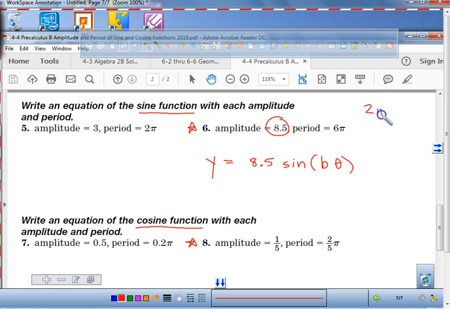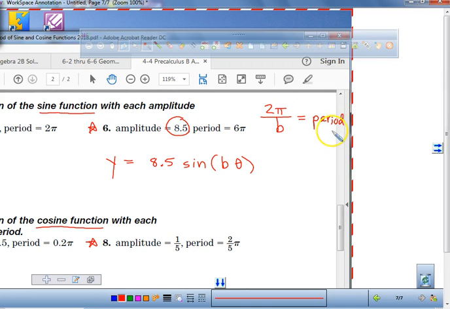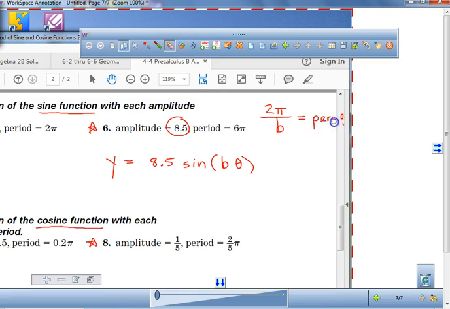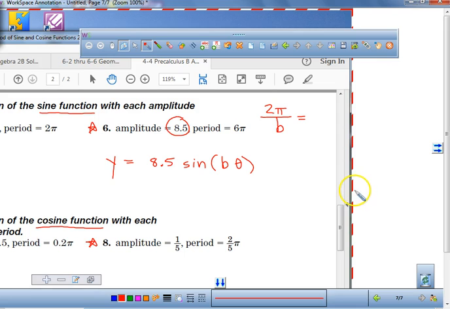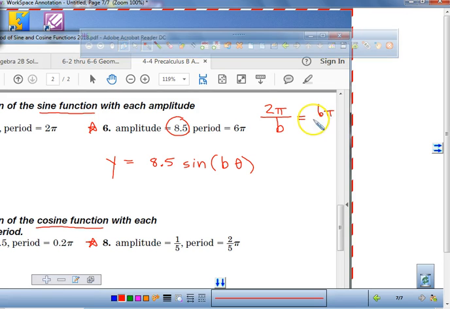So it's 2 pi over b equals the period. Now, I am taking my time and energy to write the word period just so I can erase it and substitute it with what our period is, because I care that much. Now, what's our period equal to? 6 pi. So just put 6 pi, but put it over 1.